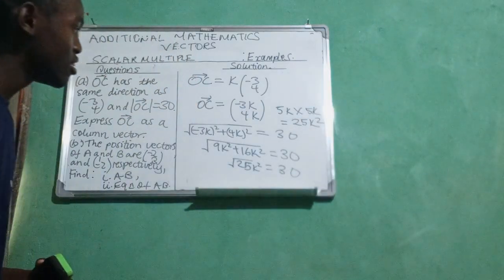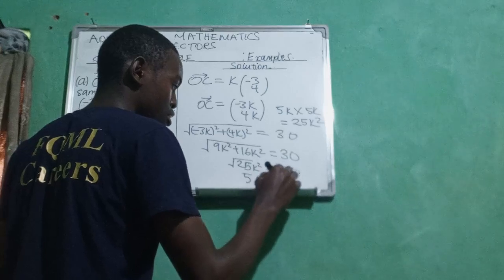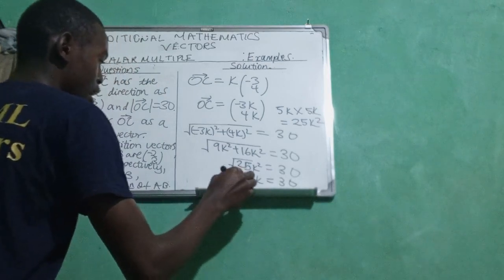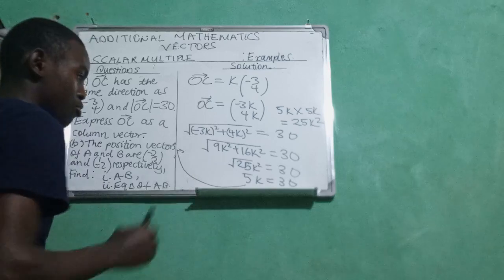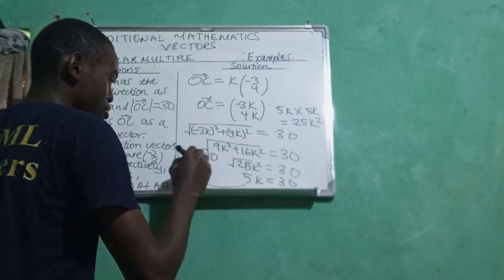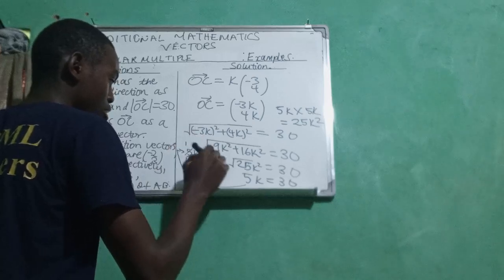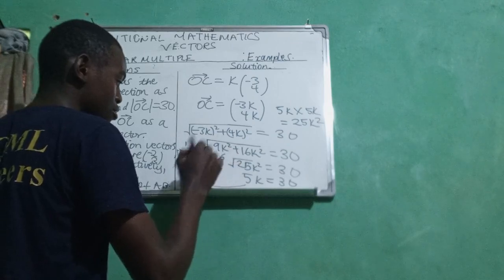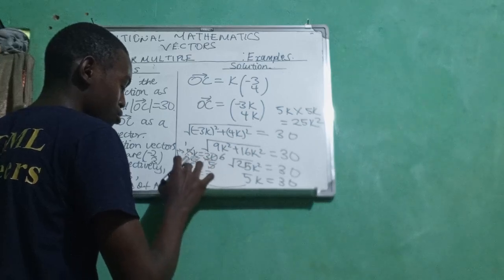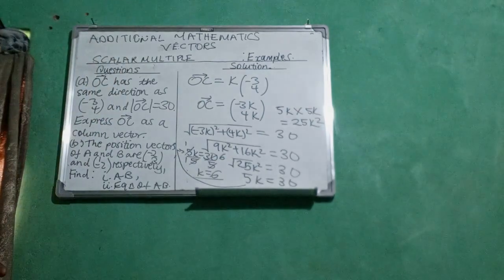So here it will be 5k is equal to 30. We divide both sides by 5, and therefore k is equal to 6. So now we know that our k is equal to 6.